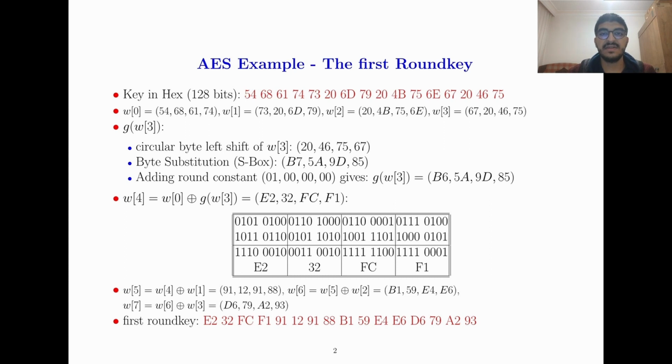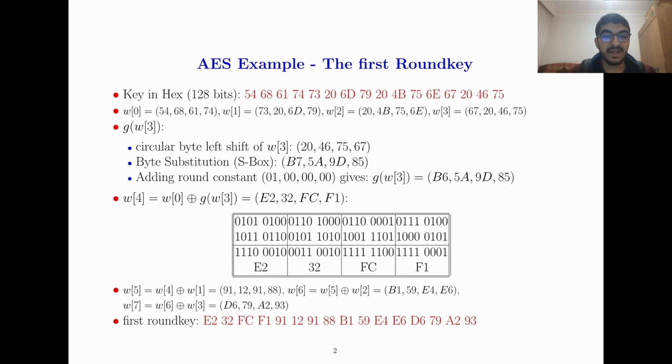The round constant will be changed in each expansion step. In here it is 01, 00, 00, 00. In the next step it will be 02, 00, 00, 00. It will go like that. Then we need to calculate 4 sub-arrays. How do we do that? We are getting W0 and the new W3, XORing them, and storing the result into W4.